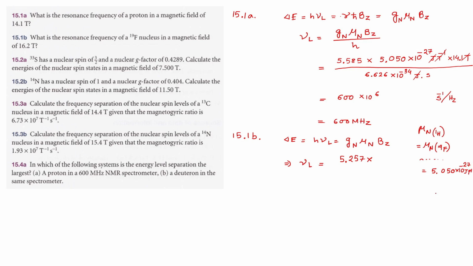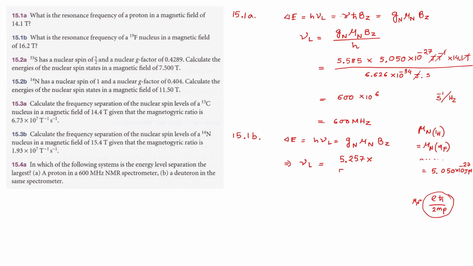Why? It is actually equal to eh by 4 pi m, or you can say eh by 2 times the mass of proton. Mass of proton is same for all, so it will be same for all.